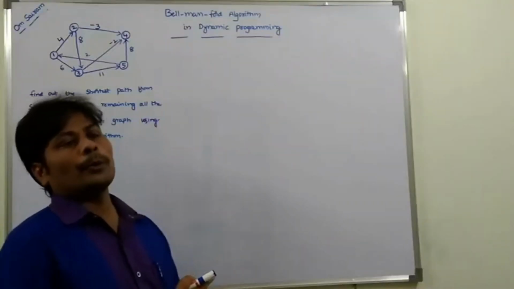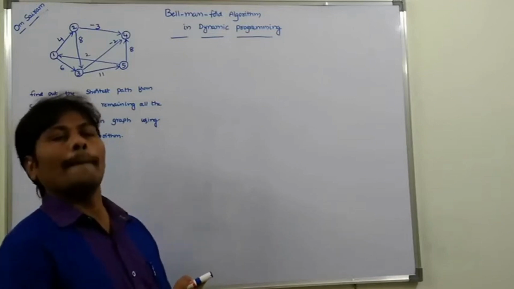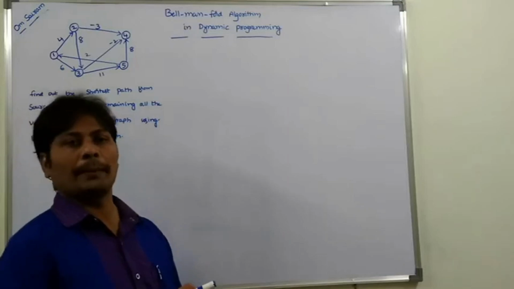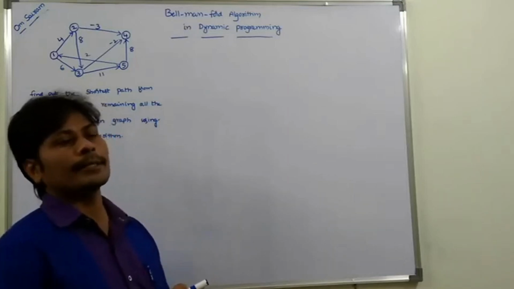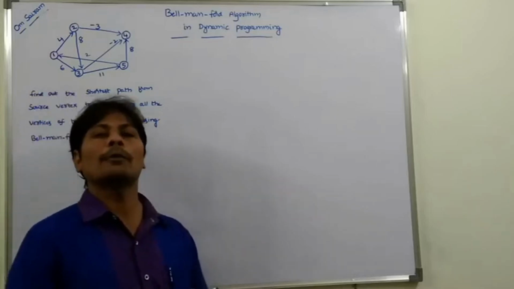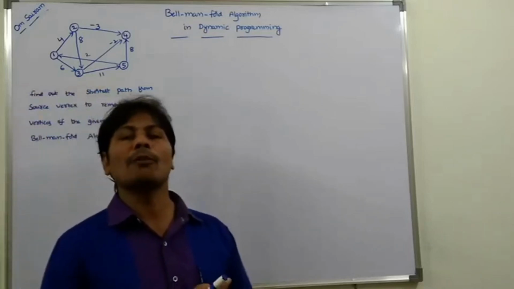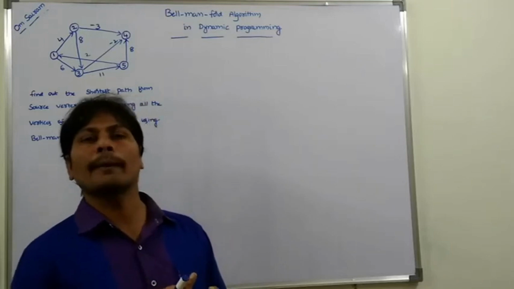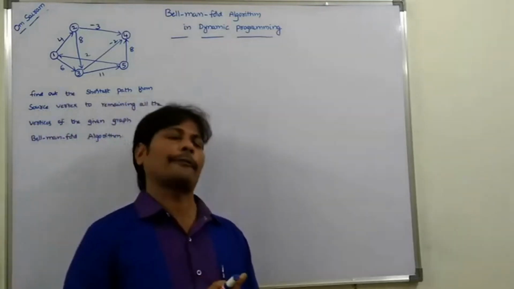Now we have to go for an example problem on the Bellman algorithm in dynamic programming. If the given graph contains negative edge weights, then we have to use the Bellman algorithm to find the shortest path from the source vertex to all the remaining vertices of the given graph.